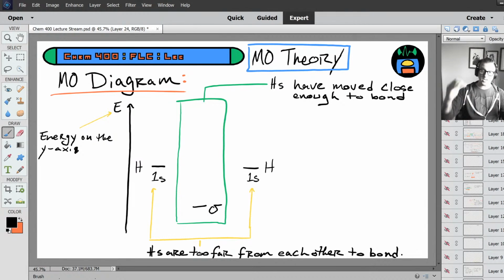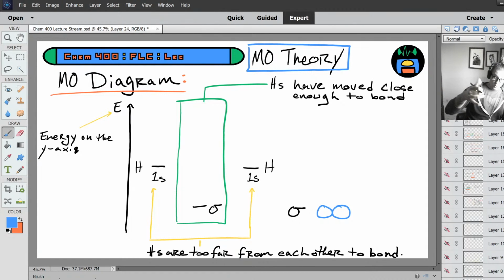The sigma bond is lower in energy than the individual s orbitals because it's sandwiched in, smashed in between the two nuclei. The sigma bond is formed when you smush those two 1s orbitals together in phase. That's the sigma bond.